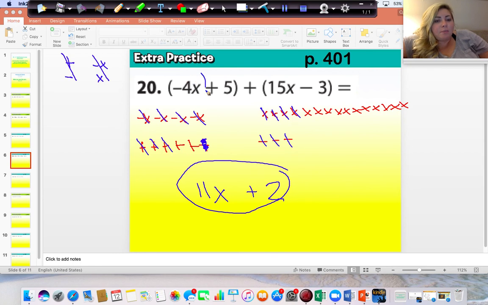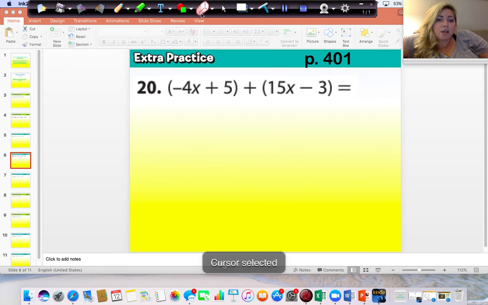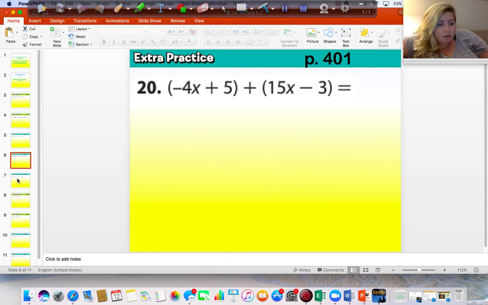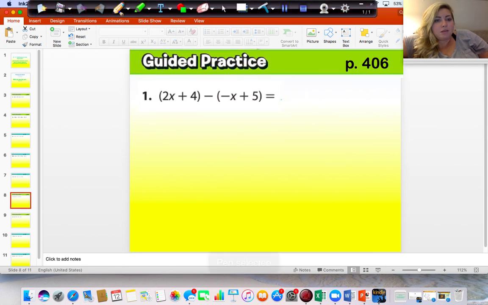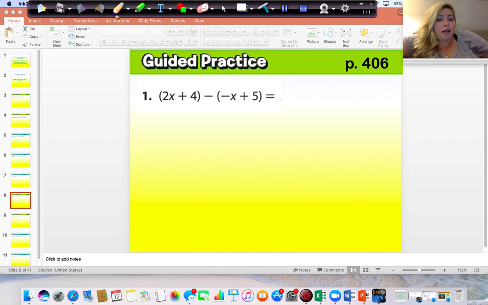But if you can separate this out to where you are saying negative 4x and you are adding 15 to that, and then the positive 5 and you are adding negative 3 to that, if you can separate it out and find an easier way to show your work, I'm fine with that. But just know that you can always come back to this way of drawing out your answers. It's easiest for me to see it when I can draw it all out. I'm a visual learner, so seeing all of those x's and those positive signs and negative signs, they make it really easy for me.